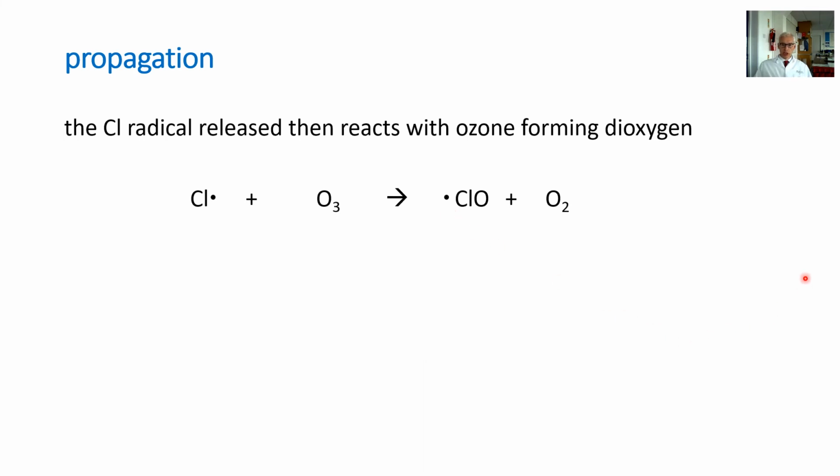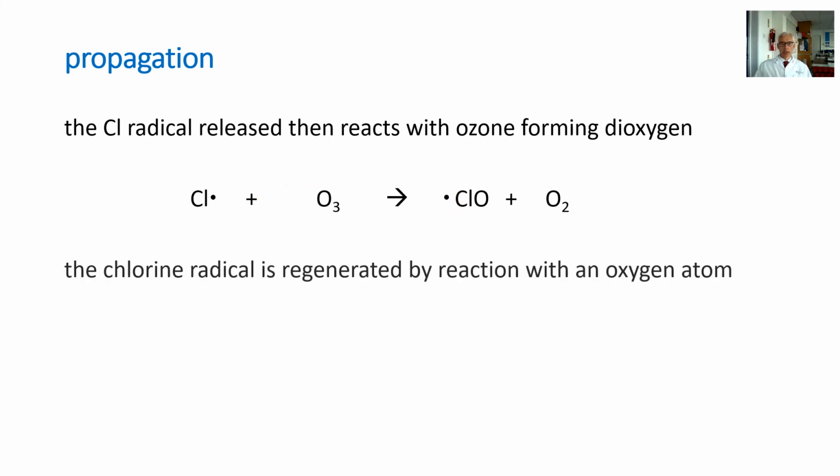Now, propagation, of course, we know that the number of radicals is maintained going from left to right. But we need to regenerate the chlorine radical. And this is done by a reaction with an oxygen atom. Could you write the appropriate equation?